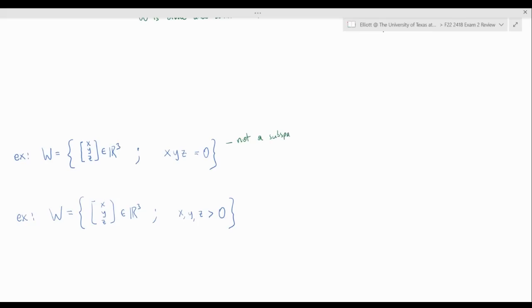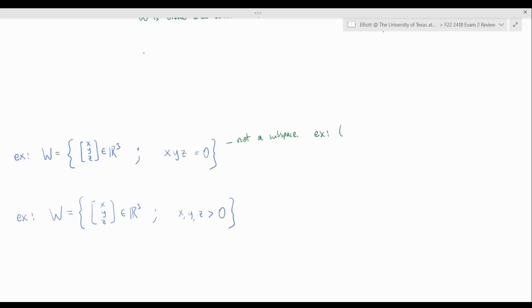So you should be able to disprove one of the conditions of a subspace. I think this one, we could prove that it's not closed under addition, for instance. And you just need to give a counterexample to show that.